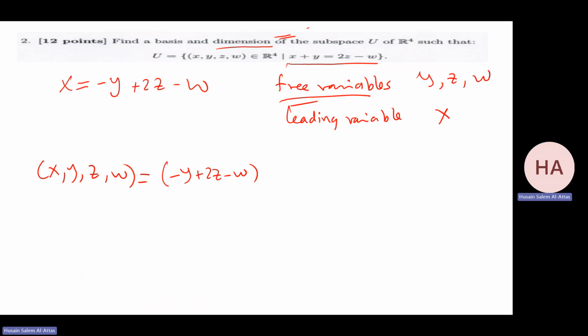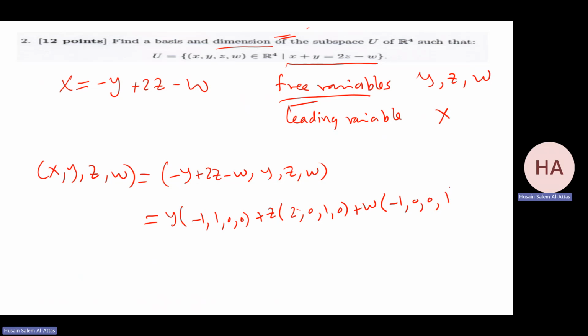Or you can do it right away. This is x. I need to write this vector in terms of these three variables. So I take y as common factor. I have minus 1, 1, 0, 0. If I take z, I have 2, 0, 1, 0. If I take w, that will be minus 1, 0, 0, 1.